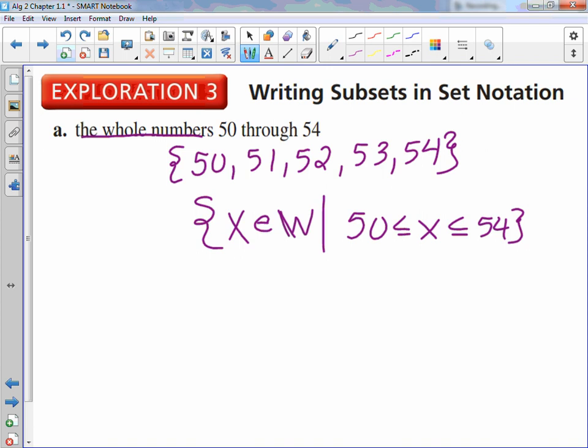This is another way to write it. Now, you and I would agree, the one on top is easier to write, isn't it? Because there's only how many of them? 5. I can list all 5, yes? But it's not always going to be the case that it is easily listable.